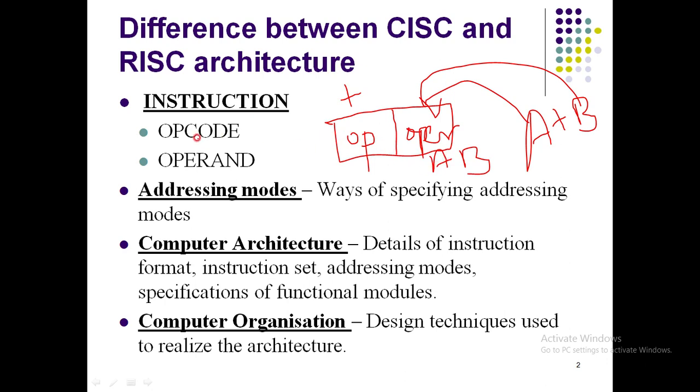So if you see one simple example, if I say the same addition, it would be something like this. I am taking an example of a machine language code, given by ADD.